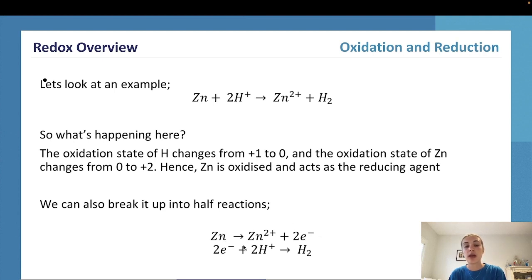Beneath that, 2 electrons plus 2 hydrogen ions makes hydrogen gas, and that's showing our reduction reaction, which is the reduction of the hydrogen ions.